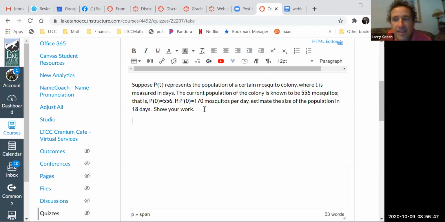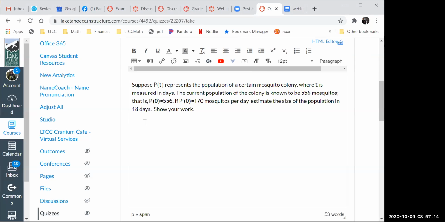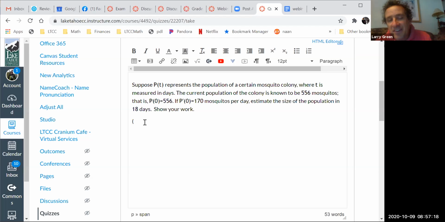All right. So the whole point of this is you estimate something by looking at the tangent line. So what we need to do is find the equation of the tangent line. So let me ask you, and this should be easy, what's a point that the tangent line goes through? The hint is it's easy. 556 and 0. 0, 556 though.